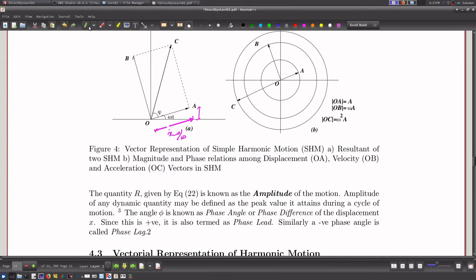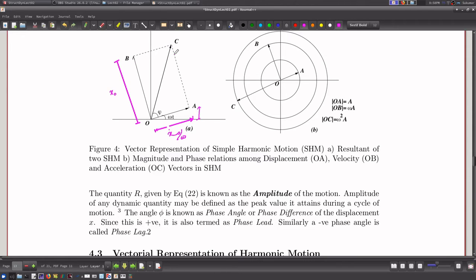It has a length of x naught, because it is x naught sine omega t plus pi by 2, or x naught cosine omega t. So the resultant is given by this vector. This vector plus this vector, the resultant is this.